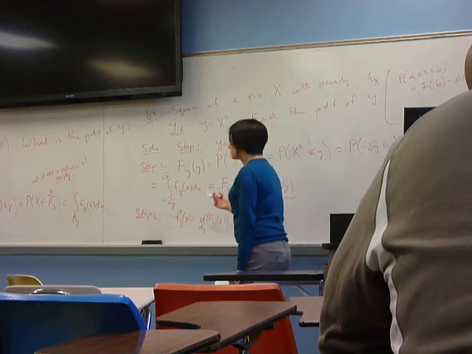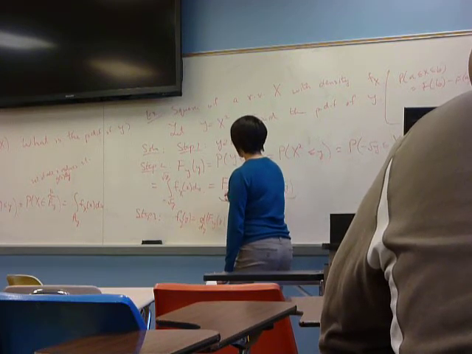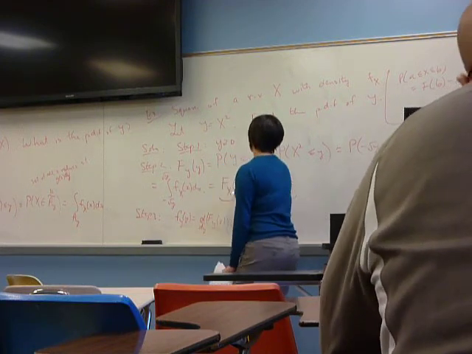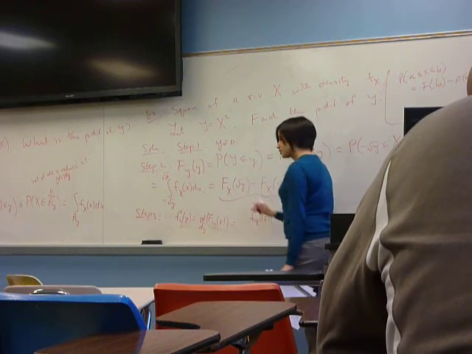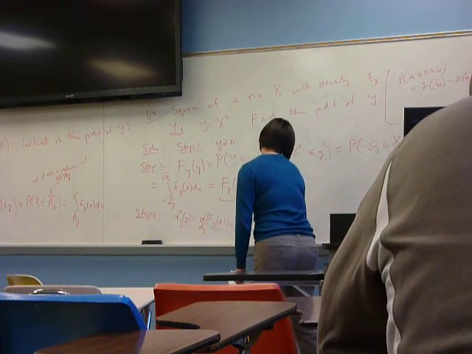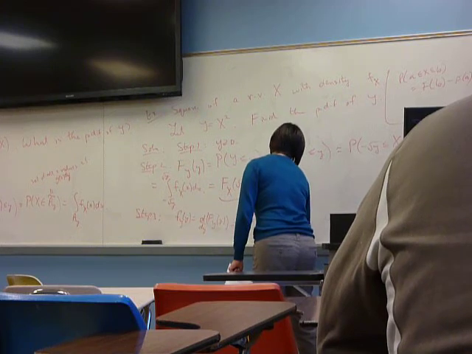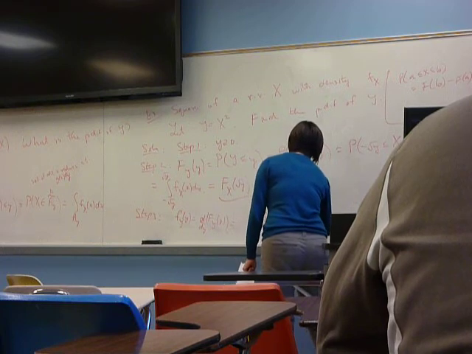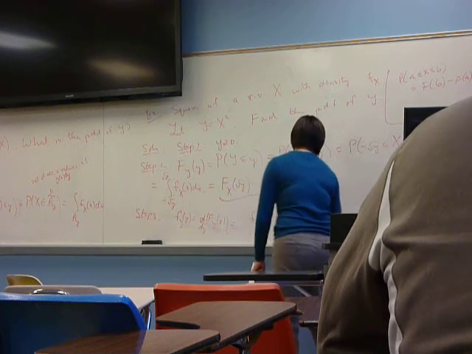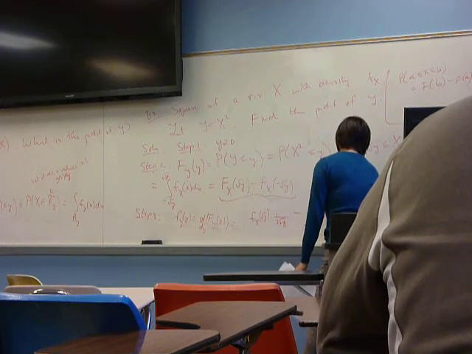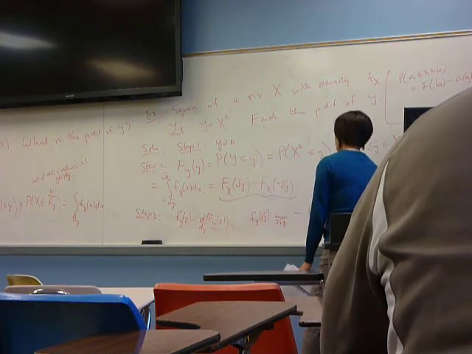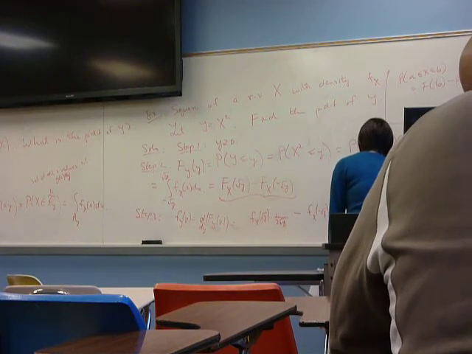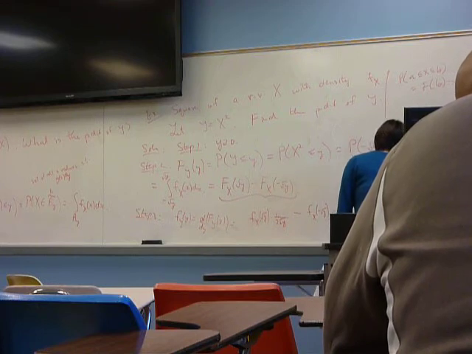You basically use your chain rule. When you differentiate the distribution function of x, you get the density function of x at this point, times the derivative of the inner function, which is 1/(2 square root of y). And then minus the density function of x at negative square root of y times the derivative of the inner function, which is negative 1/(2 square root of y). You can just factor that out, like this.